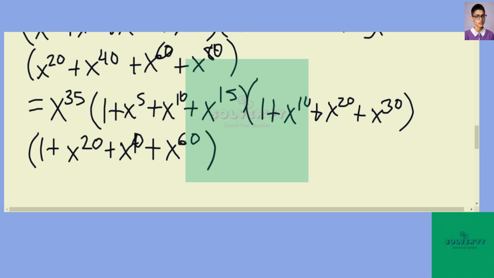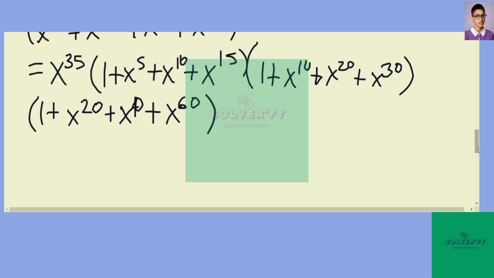And while we could use a computer algebra system, another way we can do this is recognize that this is the same as x to the 35th times, and this is 1 minus x to the 20th, excuse me, over 1 minus x to the 5th.